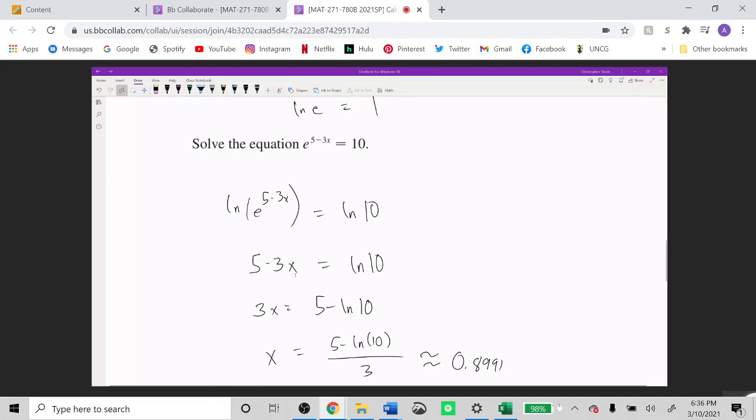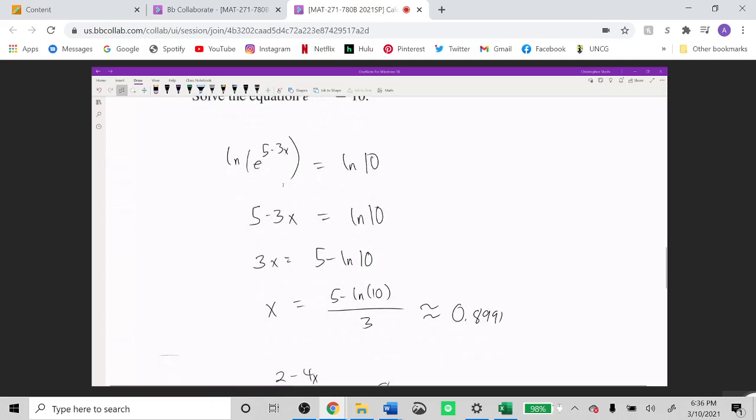We could divide everything by 3 starting at this step. But it's often simplest just to wait until the very end to carry out our division. Usually it's best to go ahead and isolate our x first. Does that make sense?